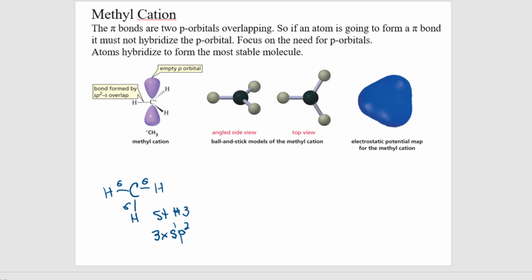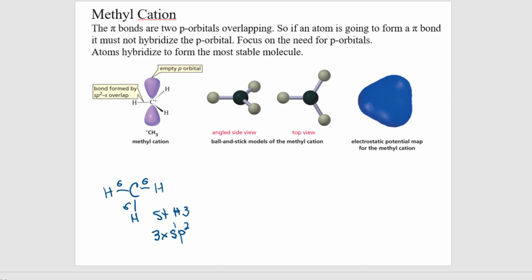That is represented by each of the lines drawn towards the hydrogens for the C and the H. So each bond is representing a sigma overlap, a head-on overlap, between the sp2 orbital of the carbon and the unhybridized s orbital of the hydrogen. That's what makes up that bond.